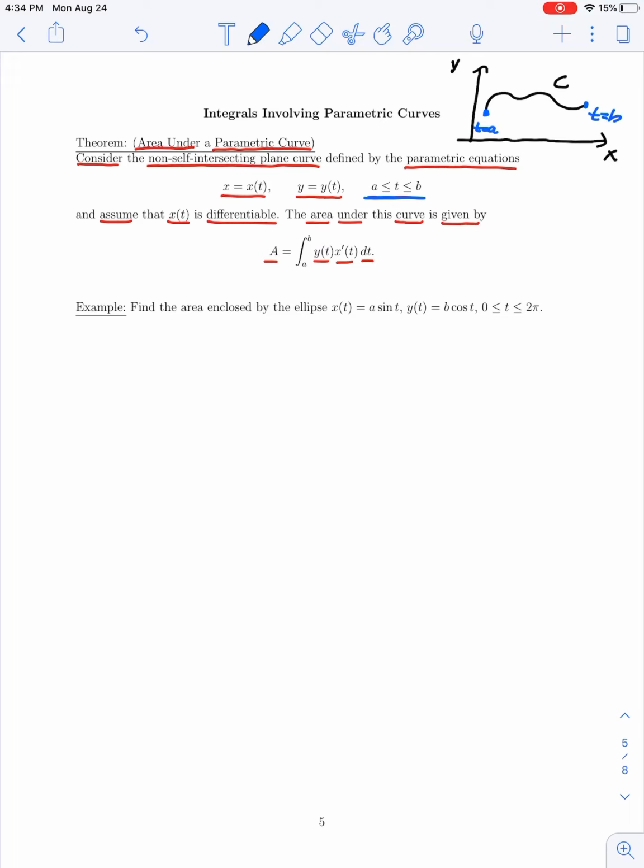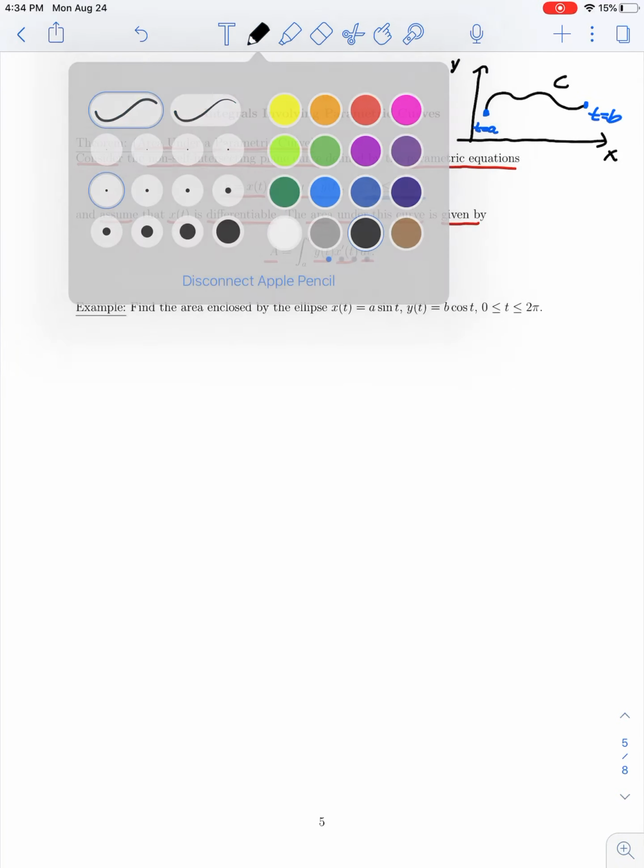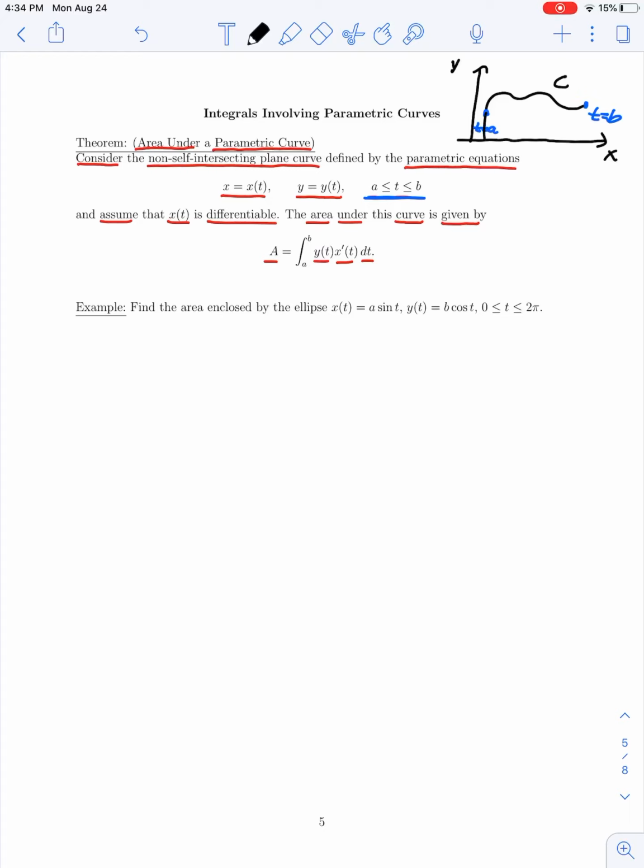What we're interested in would be the area under that parametric curve on this x interval, where our left-hand x endpoint would be the value of x where t is equal to a, and our right endpoint would be the x-coordinate at the terminal value when t is equal to b.